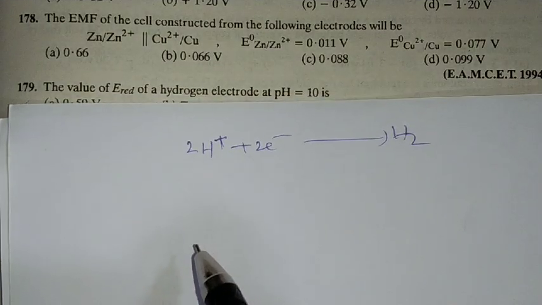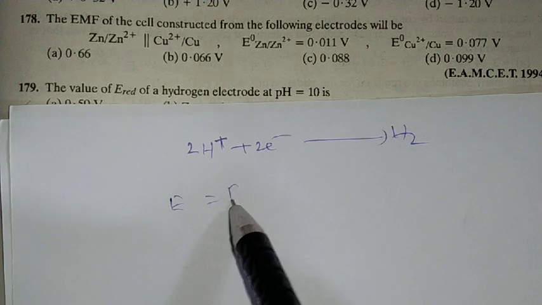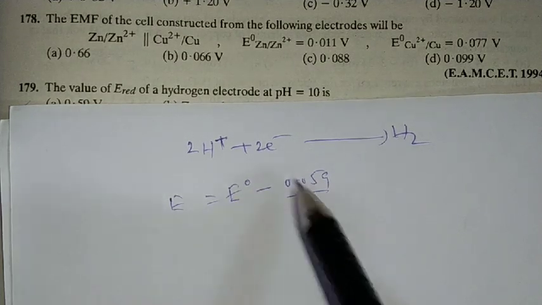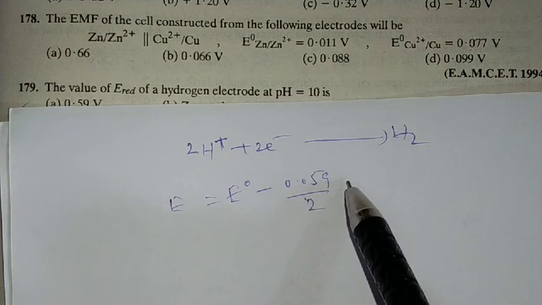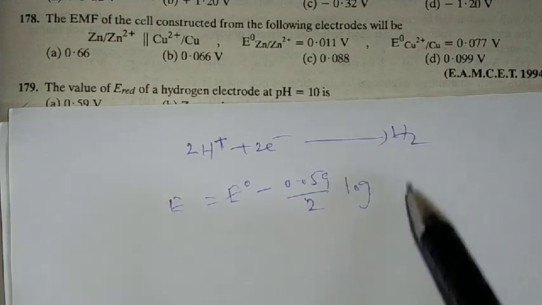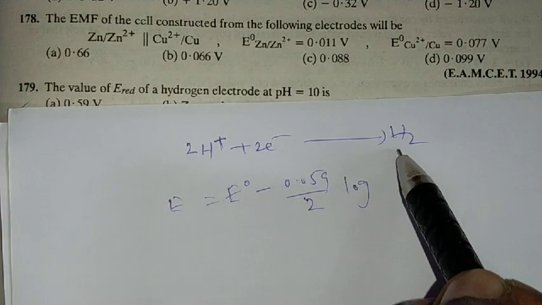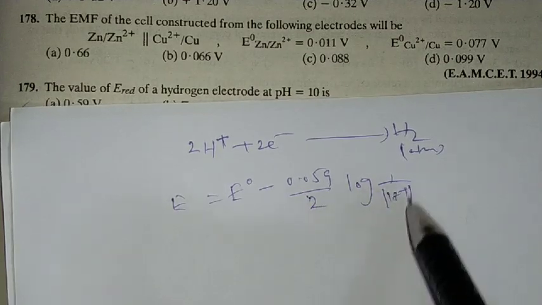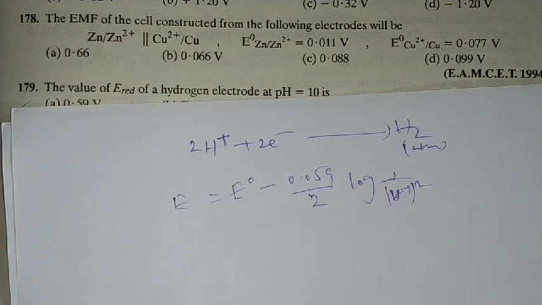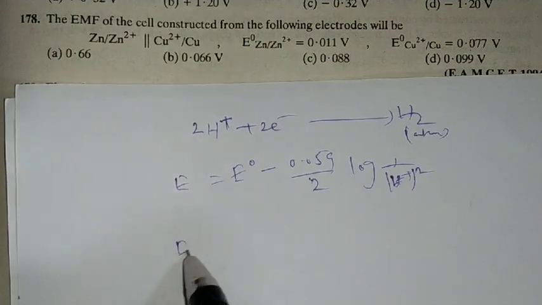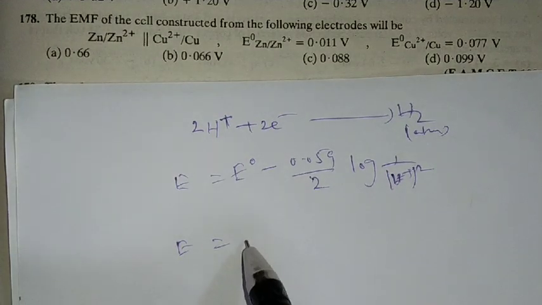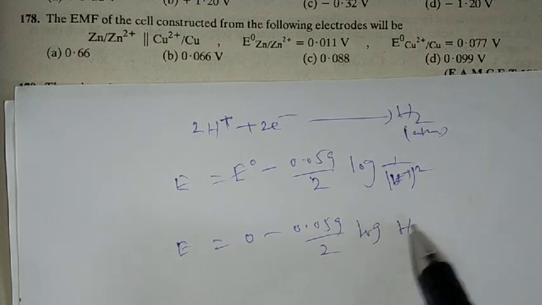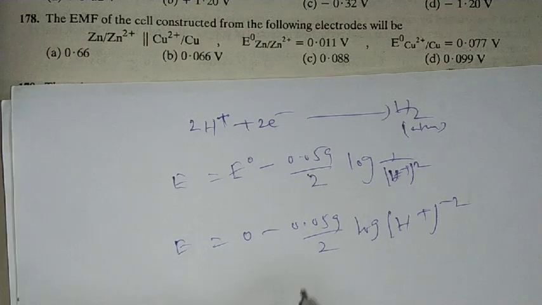Now if you apply the Nernst equation, what will we get here? E equal to E naught minus 0.059 by N, N is here 2 electrons, into log product by reactant. Product is hydrogen gas, it is generally at 1 atmosphere. That means 1 by H plus whole square, because of the concentration of H plus. Now if you simplify, E equal to E naught value for the hydrogen electrode, you know 0, minus 0.059 by 2 into log H plus power minus 2.